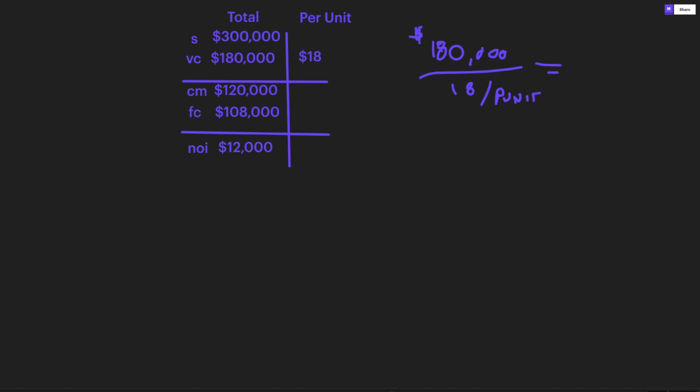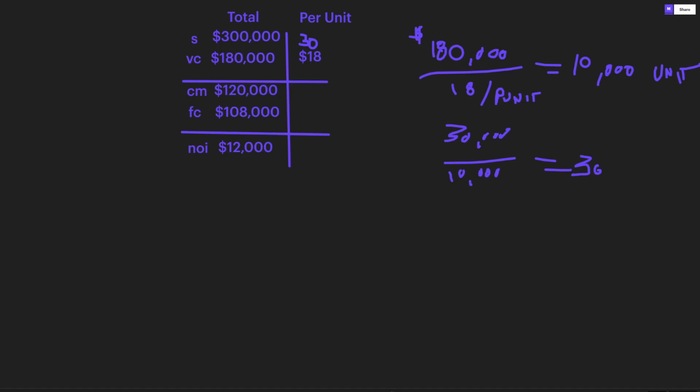So what we get from that is that we sold 10,000 units. So we get 10,000 as a total unit sale. So then we can figure out how much we sold each unit for by dividing the sales by that 10,000 units. So I won't bother going into quite the depth because you can just see right here it's going to equal $30 per unit, right? So that's how much we're selling each unit for.